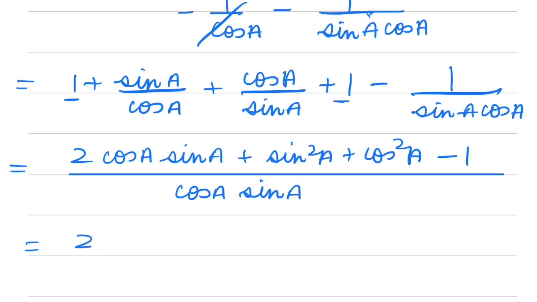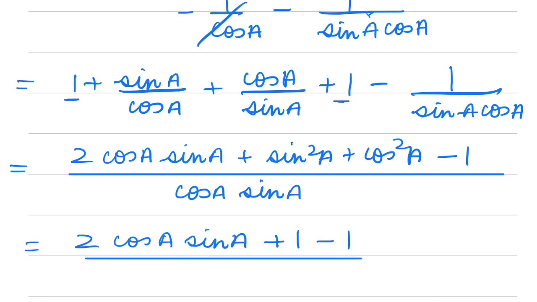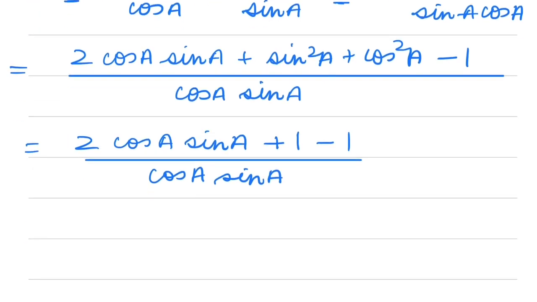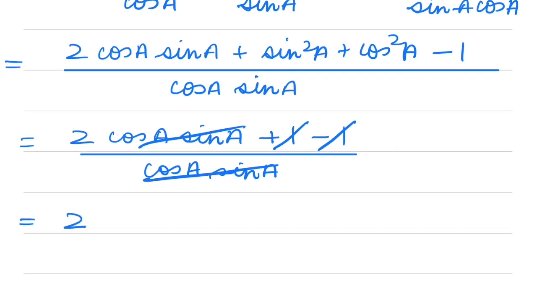I can write down this as 2 cos a sin a, and sin square a plus cos square a can be written as 1, then minus 1, divided by cos a sin a. Plus 1 minus 1 gets cancelled, and sin a cos a gets cancelled with this, so we get 2. So this is equal to the right hand side, hence proved.